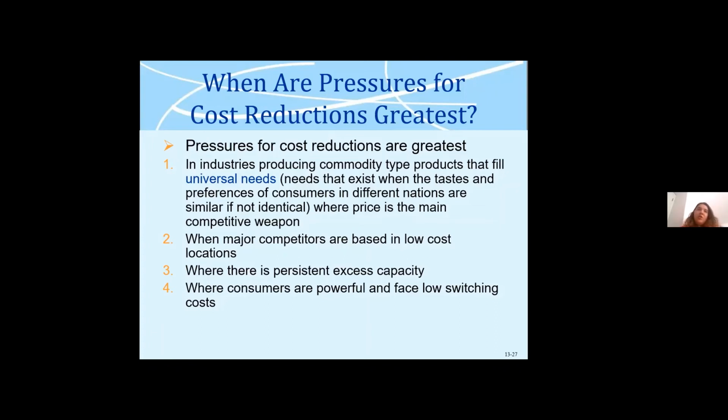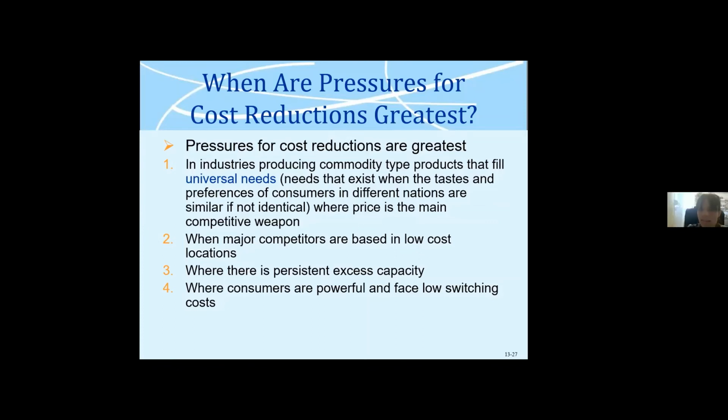But how do they compare across different nations? So my preference compared to your preference for some specific products, are they different or similar? Depends. Some are different, some are equal. For these needs, when we say universal needs, it means they are similar. Yes, good.